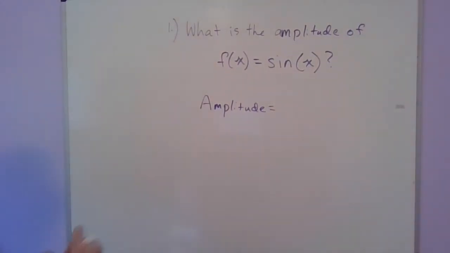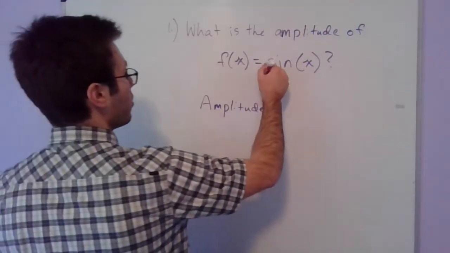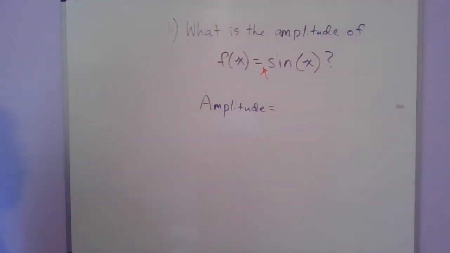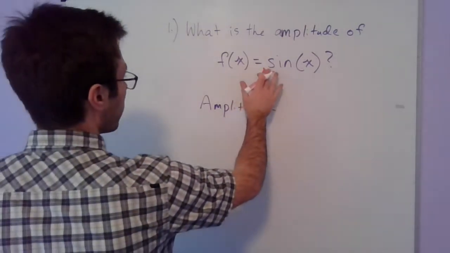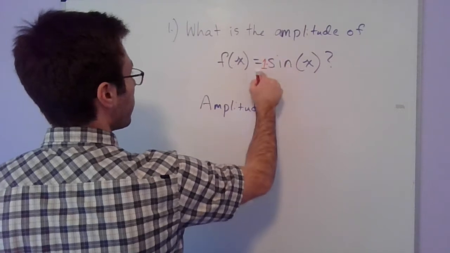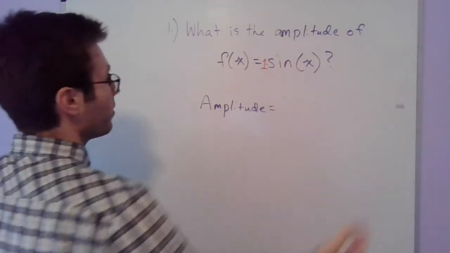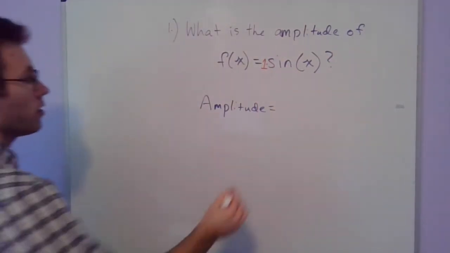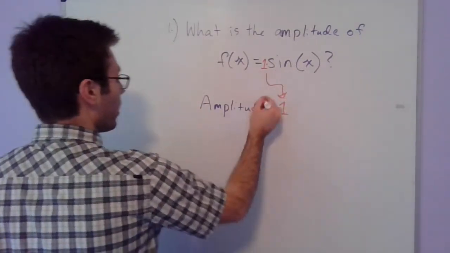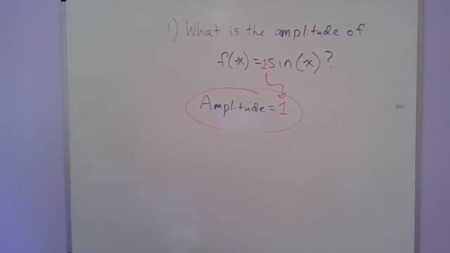Remember the equation had your amplitude, it was whatever number is right out front, and whatever value is positive right out front. So right here, the amplitude is actually a 1, because 1 times sine x is still going to be sine x. So the amplitude here, the number out front, the positive value of that, is 1.